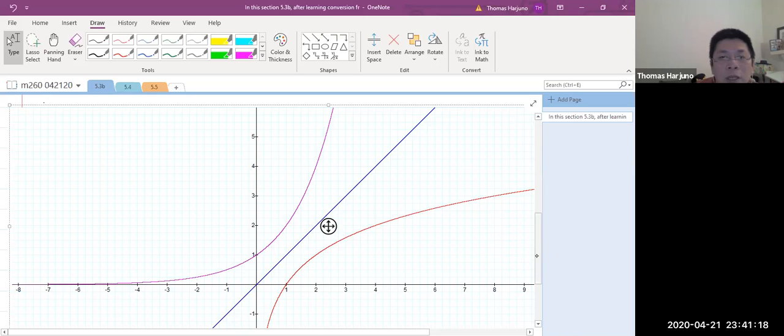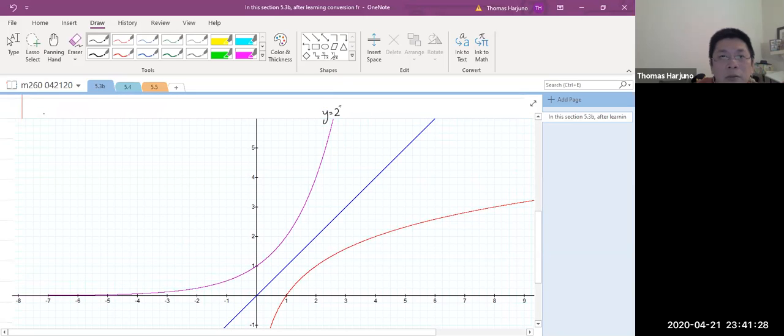Now you see that, let me write it down, this is y equals 2 to the x. This is the y equals x line. And this is y equals log base 2 of x.